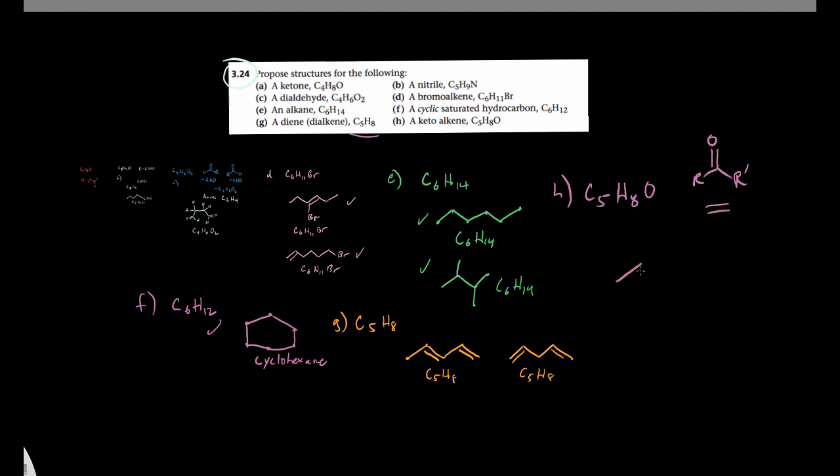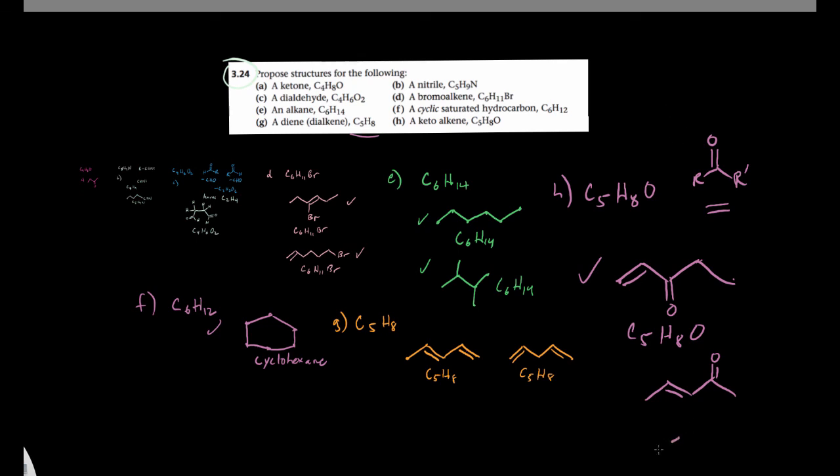So let's just put an alkene on a 5-carbon chain. So an alkene here, and why not put the ketone, I don't know, here? And let's see if that works. 1, 2, 3, 4, 5. So that's 5 carbons, C5. H, 1, 2, 3, 4, 5, 6, 7, 8. H8, and then there's an oxygen. So that works. You could have also had the double bond in the middle here and the ketone here.